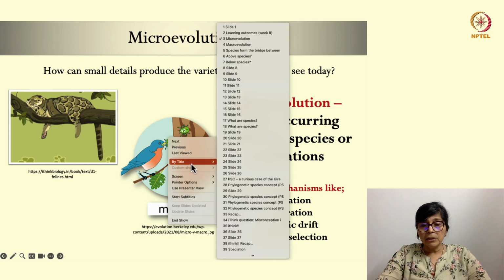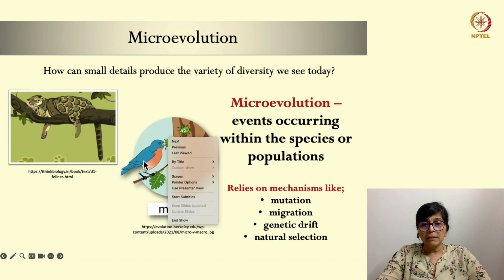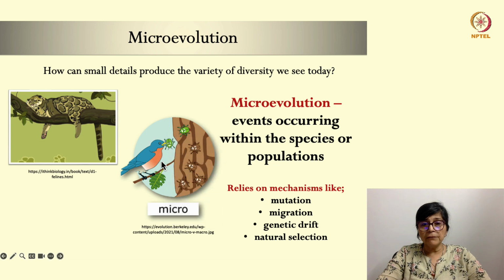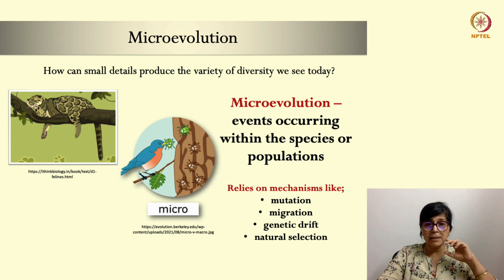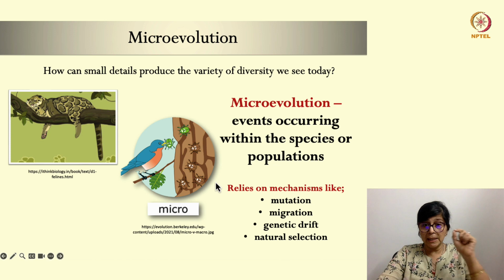And you can see that this bird is actually feeding on the green ones, whereas the dark or brown beetles are not being fed by the bird. So, this is the simple example which is actually very similar to the industrial melanism example that you have studied. And it says that the bird is selecting those green beetles for feeding, whereas these brown ones are left out in this environment.